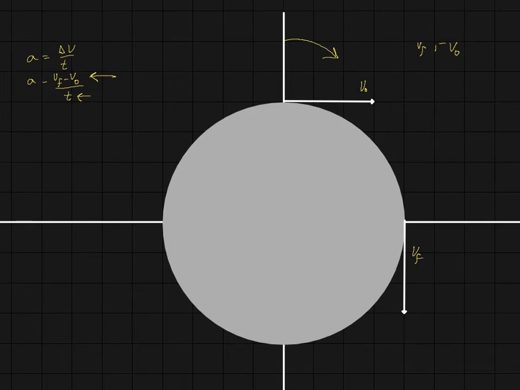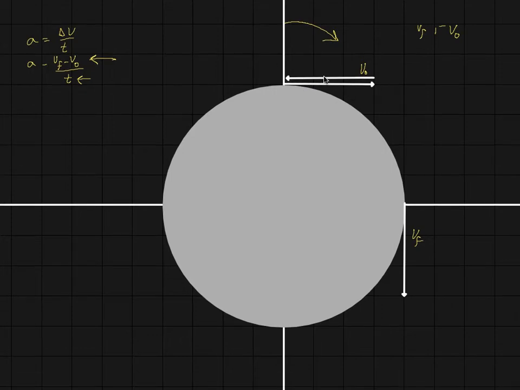And I'm just going to copy it from up here. I'm going to go in this direction, and that's negative v initial pointing to the left. So I'm going to drag this vector down to here. Because remember, I'm trying to do v final minus v initial. Now, the resultant of this head to tail vector addition is the acceleration. That's what we see here.